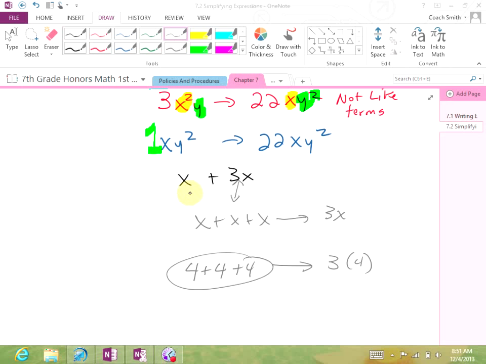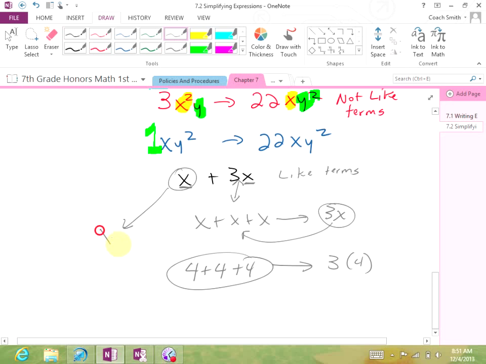Okay, so is my x here and my x here exactly the same? Yes. So these are like terms. So if I think of this, I said 3x is the same thing as x plus x plus x. So this must be the same thing as x.